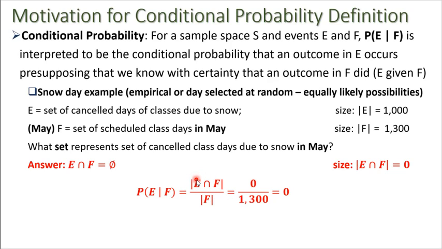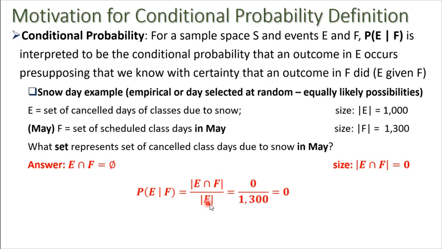Whereas 3 might be a snow day that's in E, 3 might not be a day in F. So 3 might be a day in November or December, and that wouldn't be in F. So that would not be considered in this E intersect F, right? So we would be taking the size of E intersect F, and if none of the snow days were actually in May, then E intersect F would be the empty set, and the size of the empty set is 0.